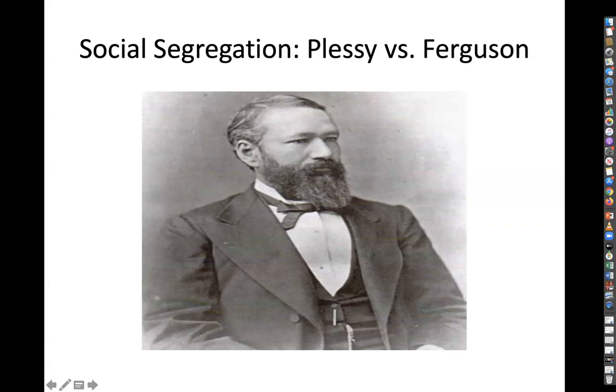Areas that you call vice, like racetracks, red light districts, those were segregated. Not to mention the familiar places like restrooms, restaurants, and so forth. So again, by the turn of the 20th century, this is fully realized social segregation. Even water fountains are segregated.